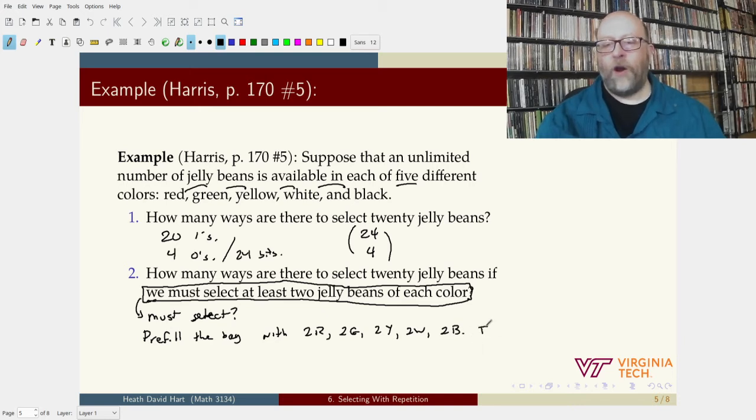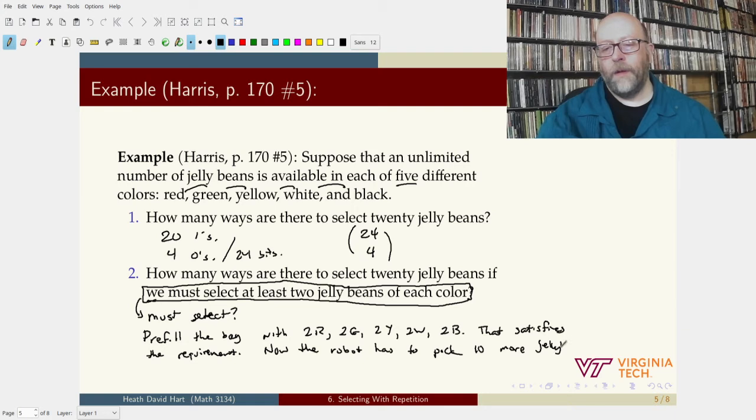That satisfies the requirement. But now the robot only has to pick 10 more jelly beans. And so we'll have 10 ones and 4 zeros. And that's 14 bits, choose 4.